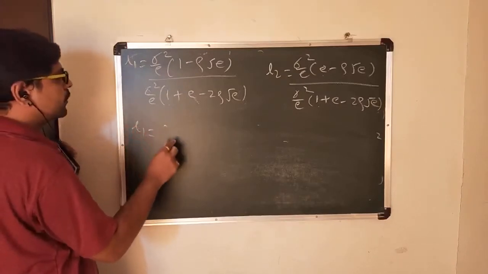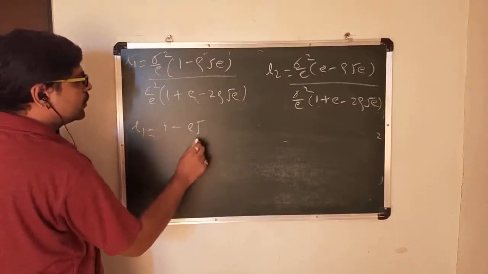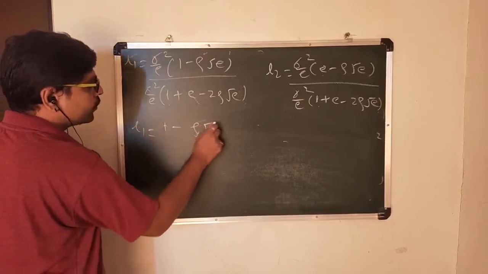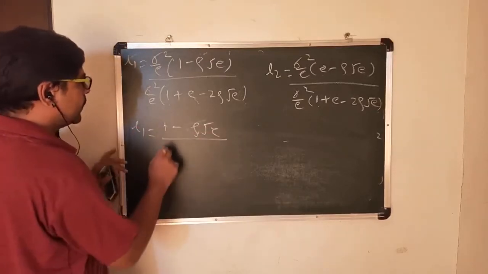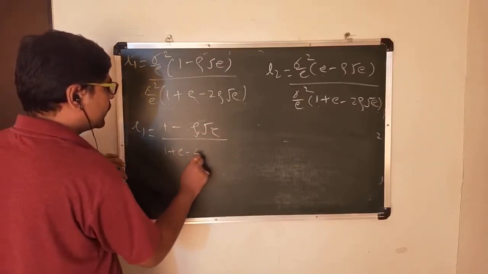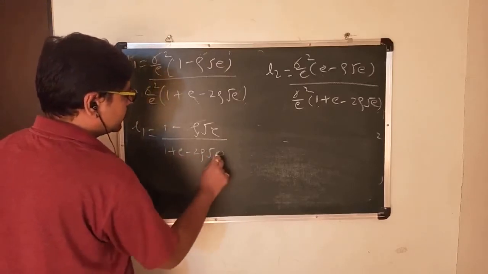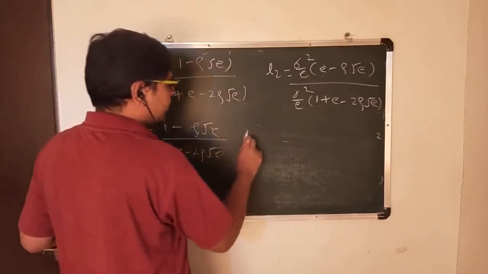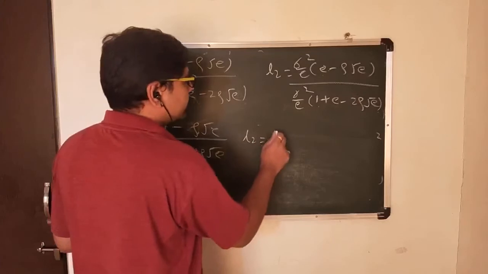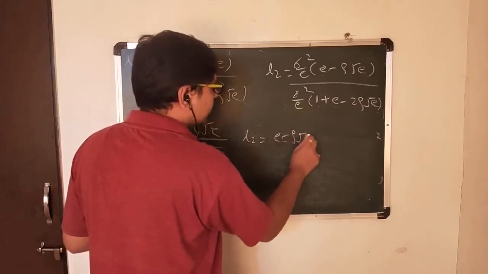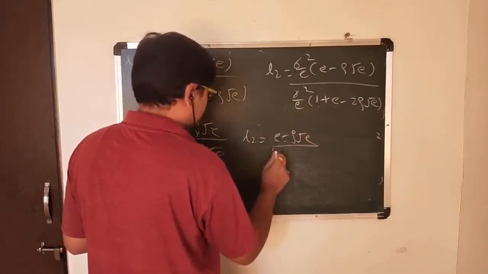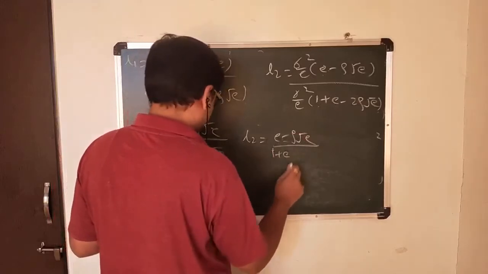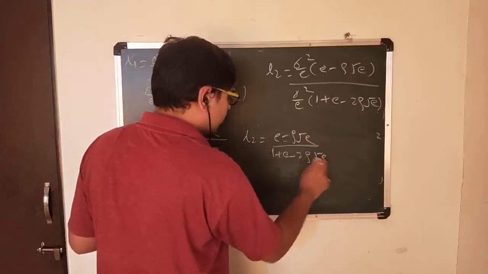So L1 is equal to 1 minus rho into root E divided by 1 plus E minus 2 rho root E, and L2 is given by E minus rho root E divided by 1 plus E minus 2 rho root E.